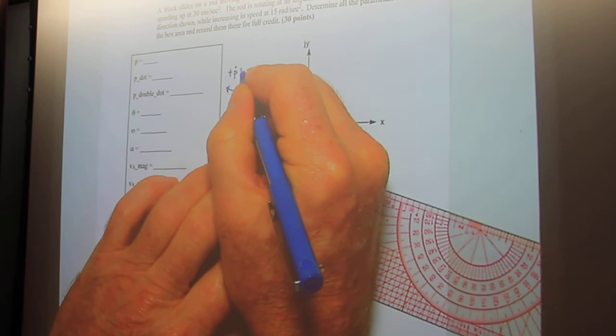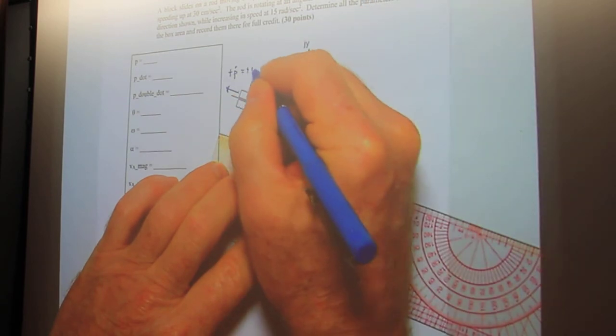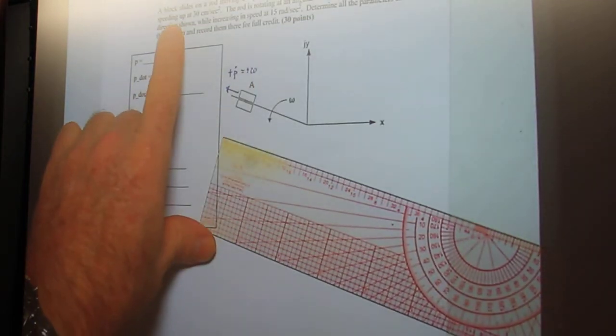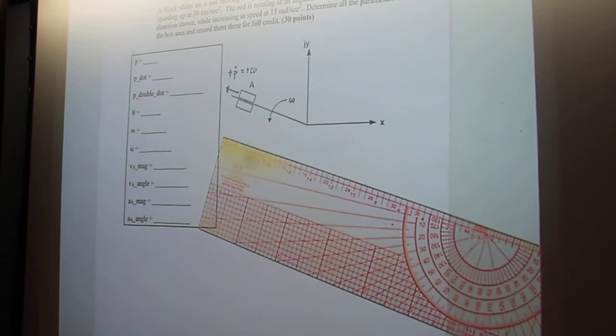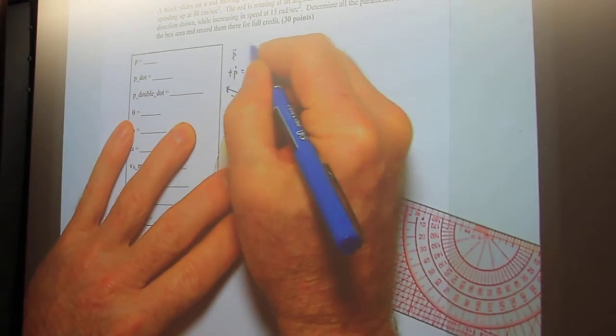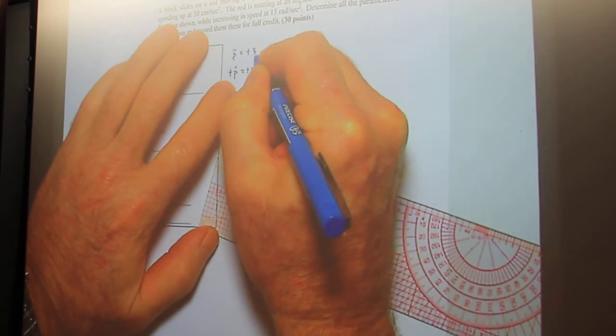And that means that this is plus 20 centimeters per second, while speeding up. So anything accelerating means that it has the same sign sense as the velocity. Therefore, P double dot equals a plus 30.